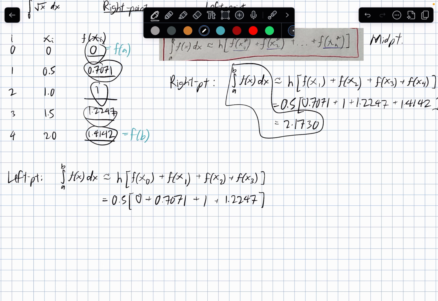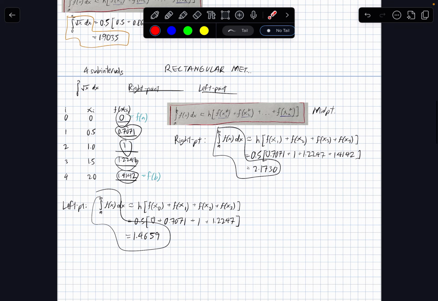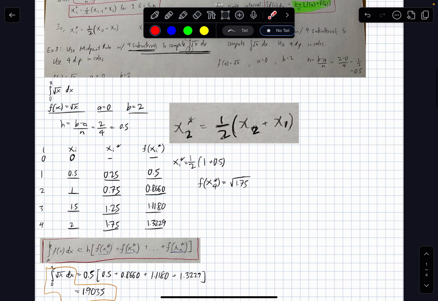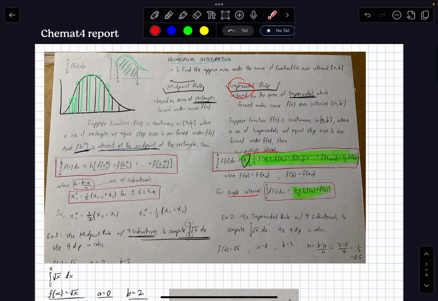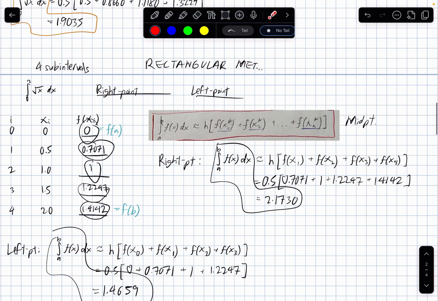Okay, so if we find the sum, kapag nilagay na natin to sa calculator, what we get is 1.4659. Okay, so that's the answer kapag left point rectangular method ang ginamit natin. Okay, so that's everything. That basically sums up everything under midpoint rule, trapezoidal rule, and kapag rectangular method, right point, left point din ang ginamit natin.